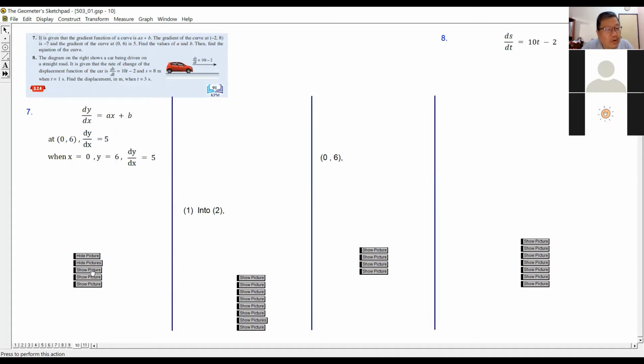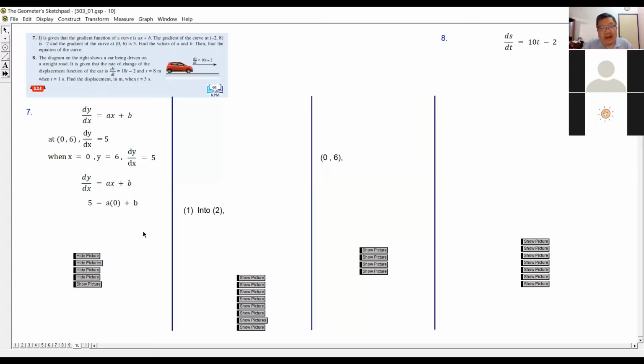Okay, so I'm going to show you why you are right. Do you know why we're going to use this set first? Because like that, you substitute in 5 and 0. The dy/dx, you substitute with 5. The x, you substitute with 0.